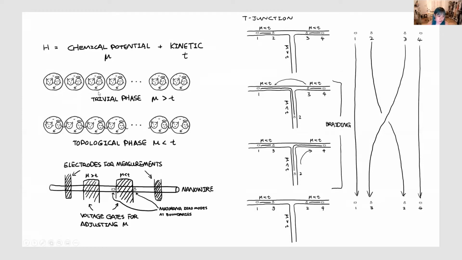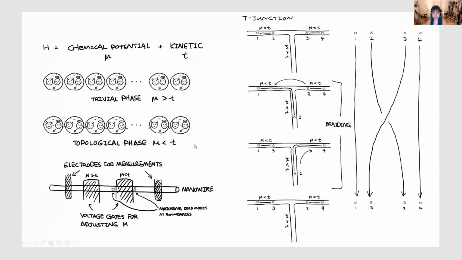In this case, that would be a pretty uninteresting or normal state, like shown earlier, without the superconducting effect, where your pairing is within the electrons themselves. But you can put them in the topological phase when your kinetic term is higher than the chemical potential.